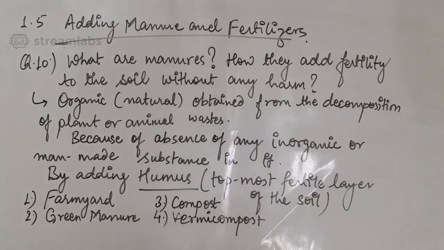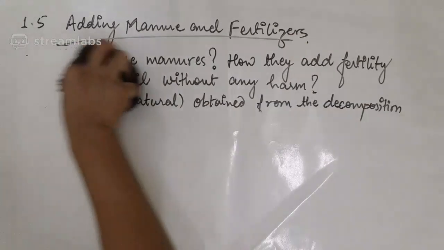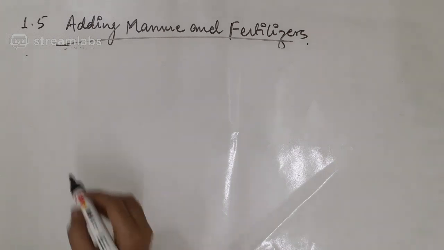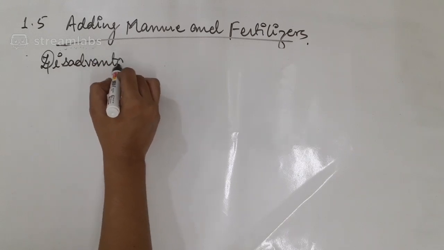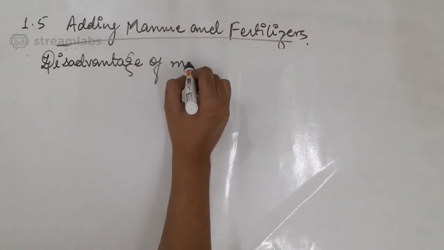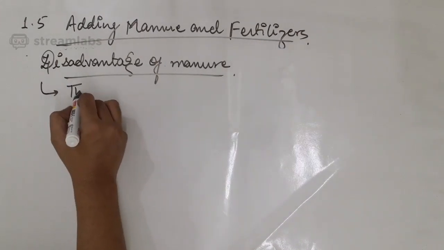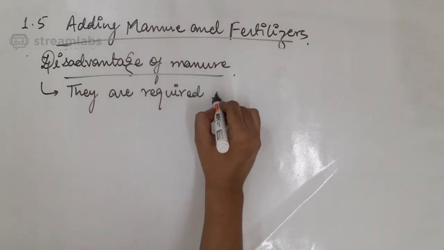Along with this, the manures are having few disadvantages. Disadvantage for the manure: they are required in bulk.